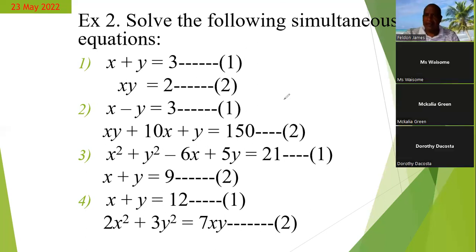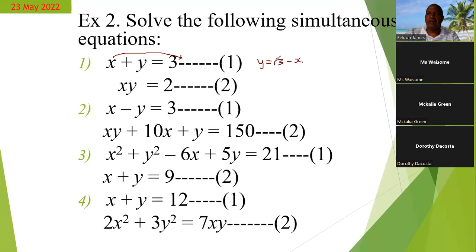All right, guys, let us see if we can quickly go through this in the interest of time. So if you make y the subject, you would bring over the x, and so y would be equal to 3 minus x.